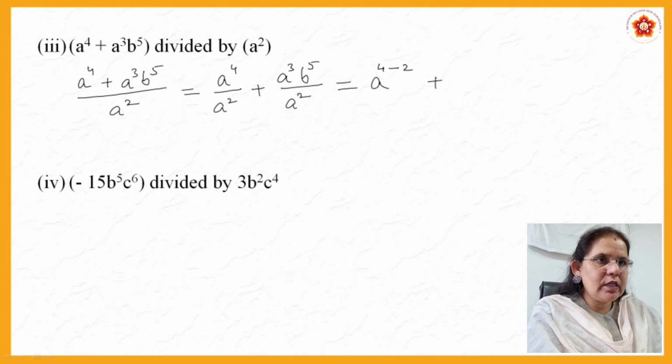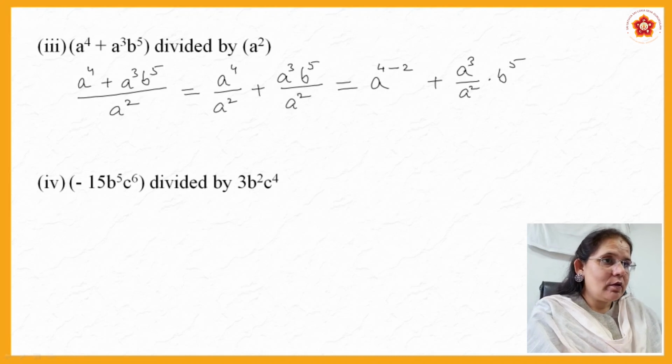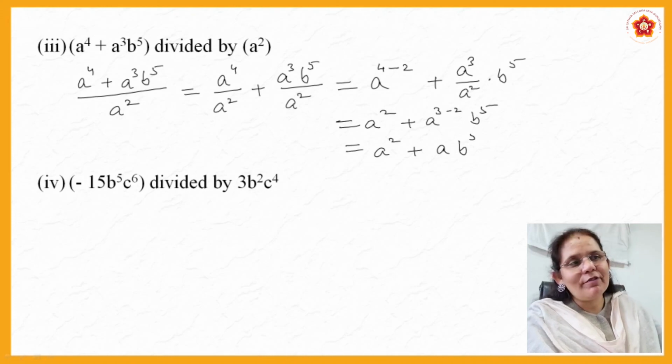Plus, now here you see it is a cube divided by a square, and b raised to the power 5 is separate. There is only one term of b raised to the power 5 here. So, let's simplify it. It is a square plus a b raised to the power 5.